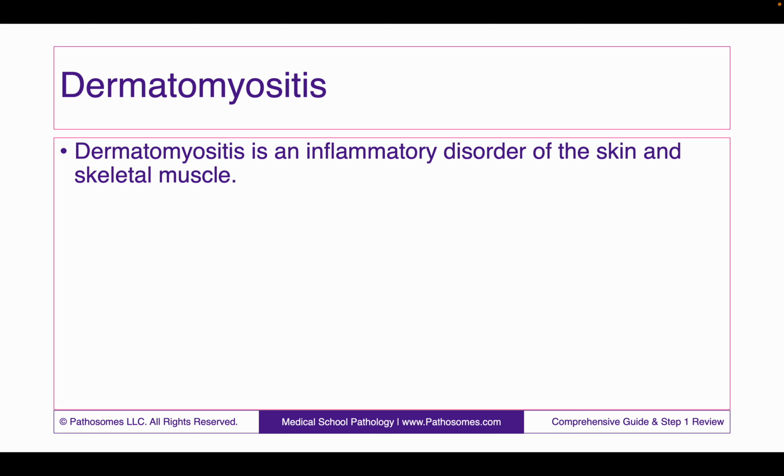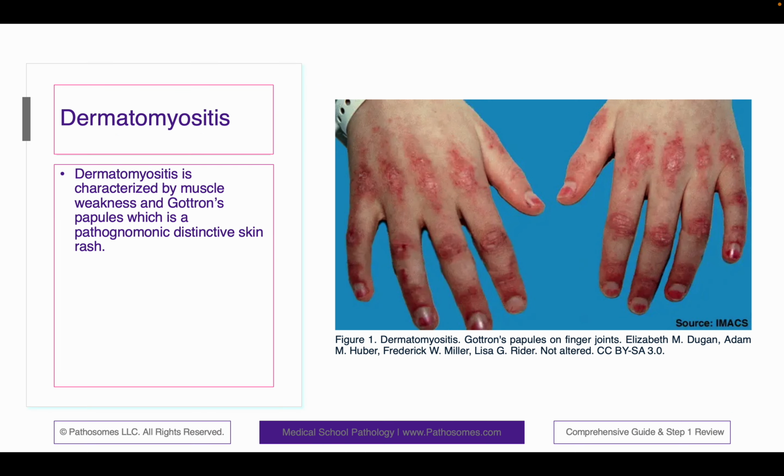Now, dermatomyositis. What is that? Dermatomyositis is an inflammatory disorder of the skin and skeletal muscle. Here we have a picture of Gottron's papules on the finger joints associated with dermatomyositis.